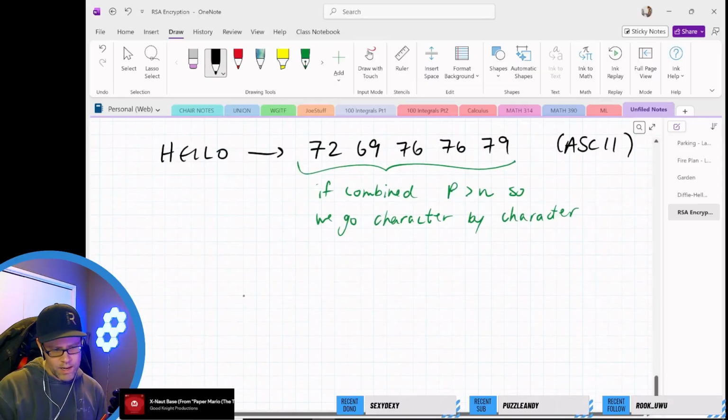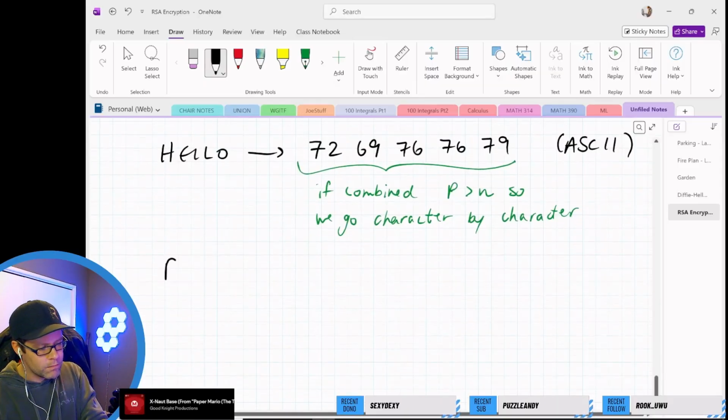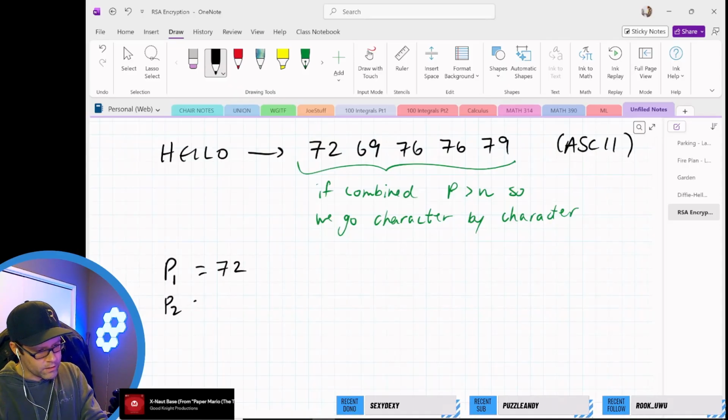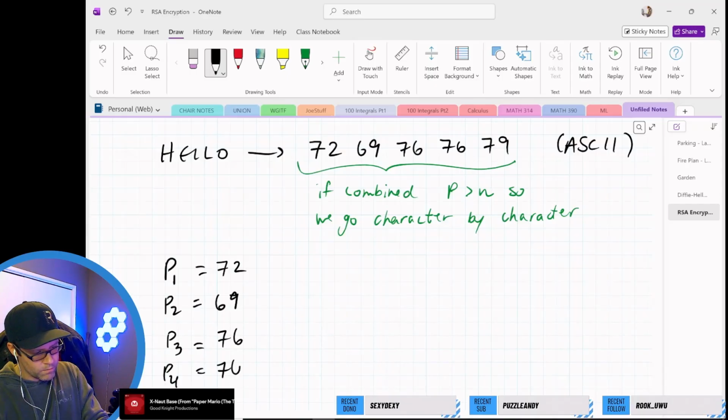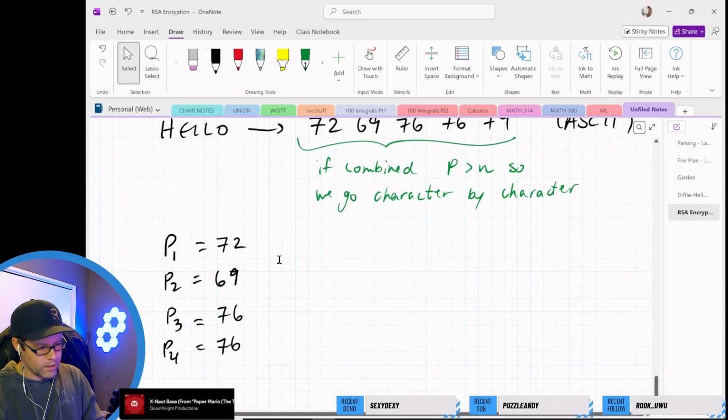I'm going to label each character as P_i. The first character is 72, the second character is 69, and so on. P3 and P4 are the same, they're both 76, the L's. And then O is 79.